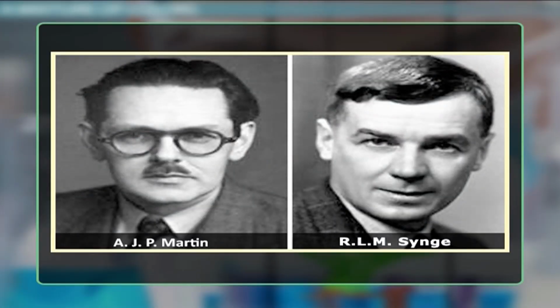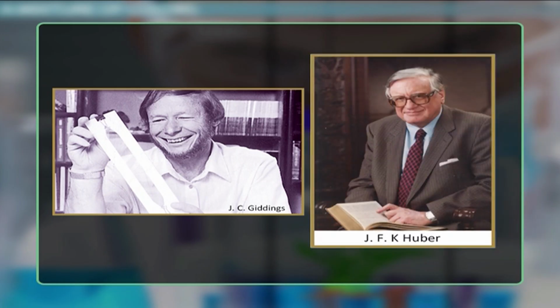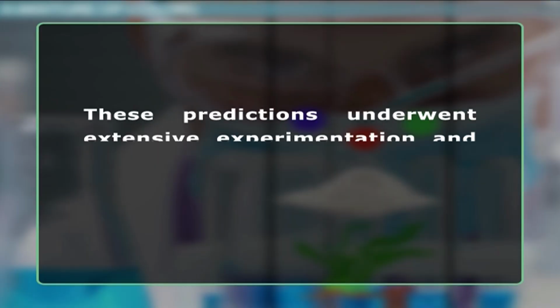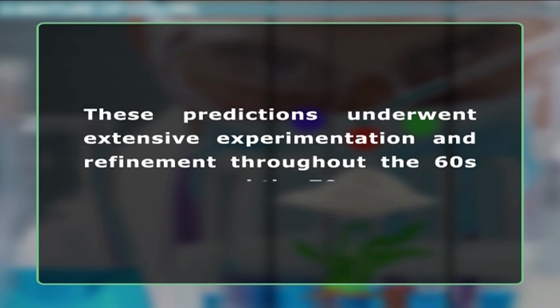Following on the seminal work of Martin and Synge in 1941, it was predicted by Calvin Giddings, Josef Huber and others in the 1960s that LC could be operated in the high efficiency mode by reducing the packing particle diameter substantially below the typical LC and GC level of 150 µm and using pressure to increase the mobile phase velocity. These predictions underwent extensive experimentation and refinement throughout the 60s and the 70s.